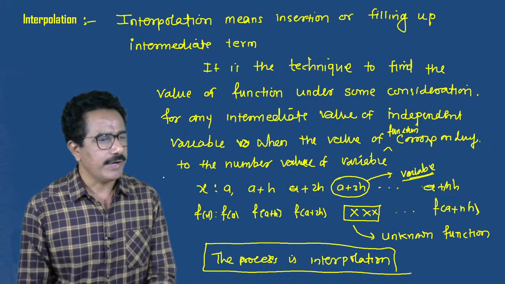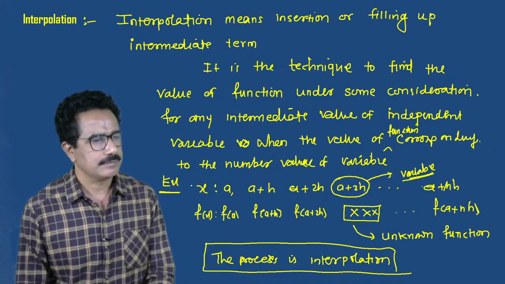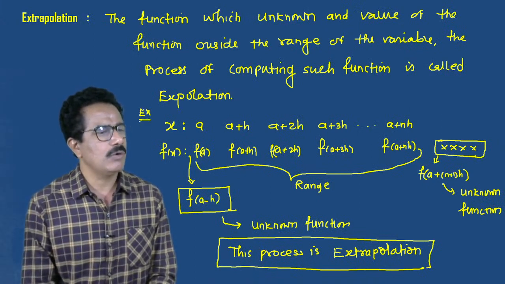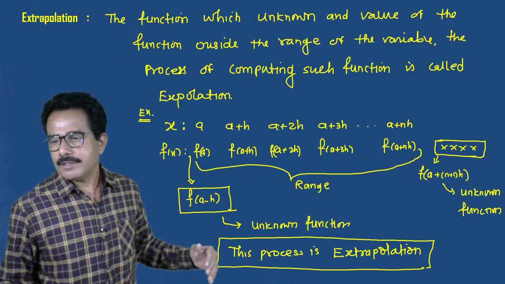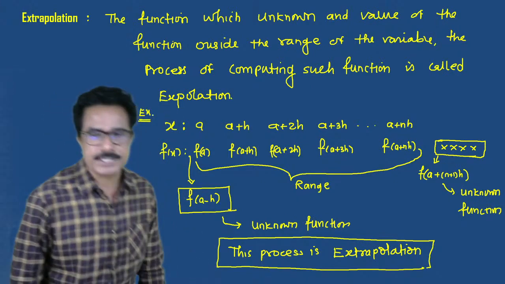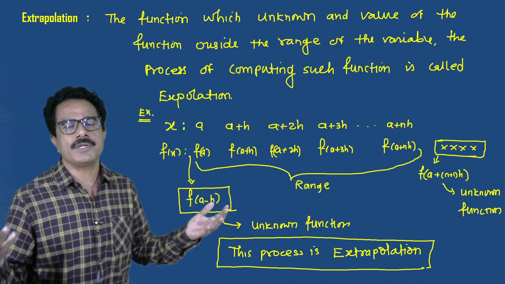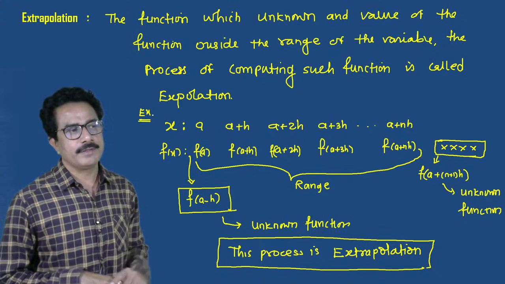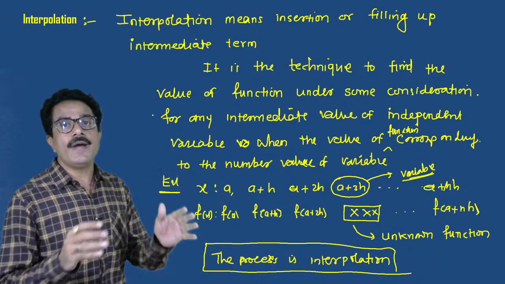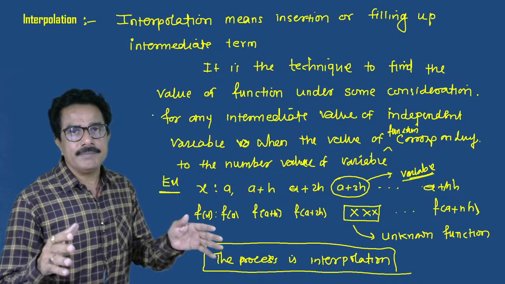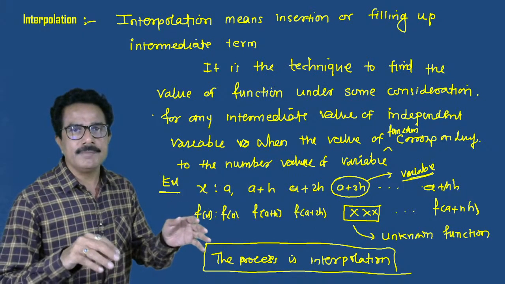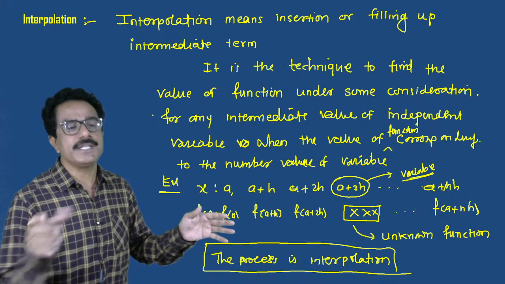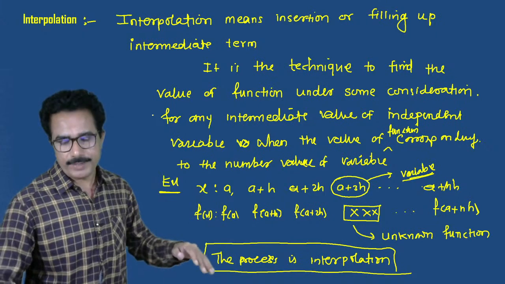See this, for example, how to find out the process. Did you understand interpolation and extrapolation, students? Actually, interpolation and extrapolation are both processes to find the unknown term. Interpolation is used to find the intermediate term, the unknown term given in the range f(a) to f(a plus nh).